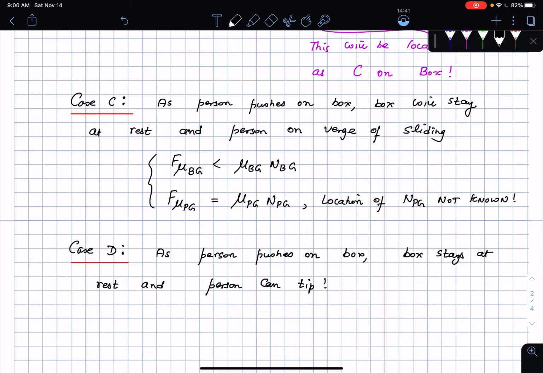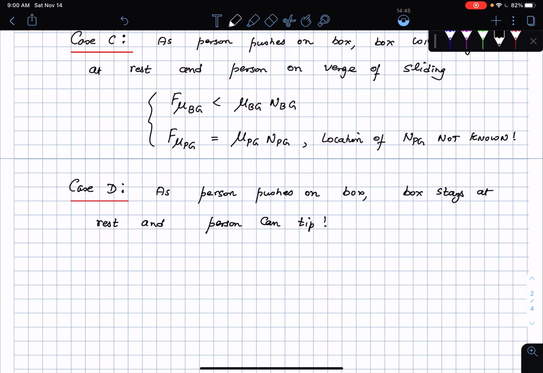Okay, this is a case that we will not consider because we don't know the dimensions of the person. You can consider tipping only when you know the dimensions. Okay, so we shall not consider case D, since we do not know the dimensions of the person.